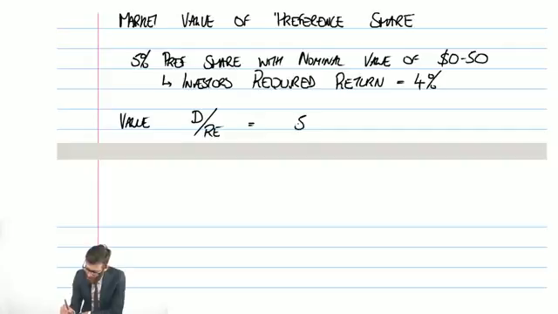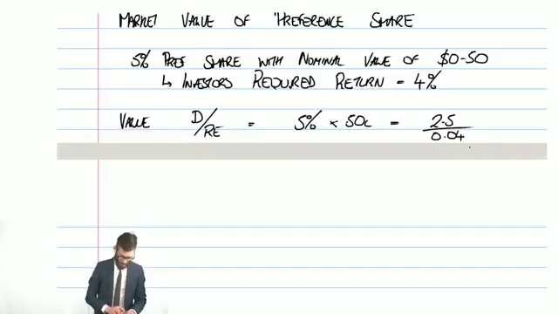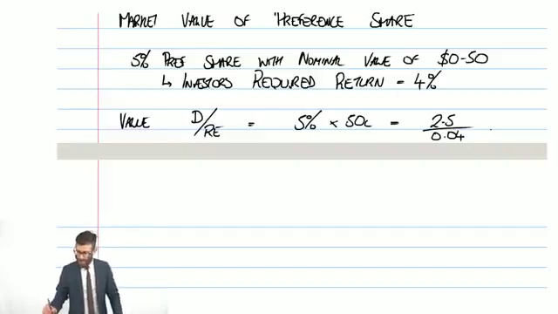Well, 5% times 50 cents equals 2.5 divided by 0.04. That would give us a value of 62.5 cents.